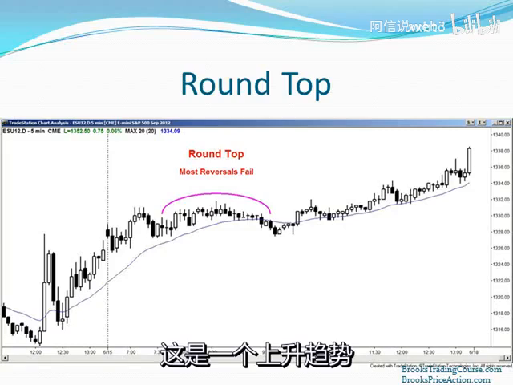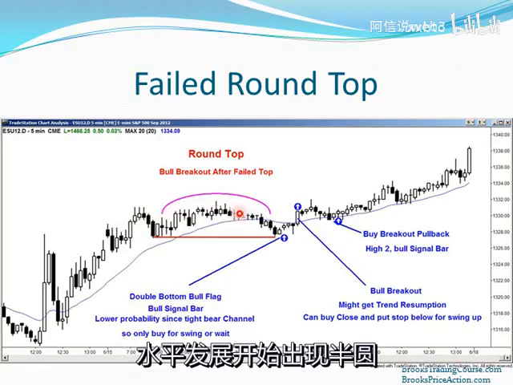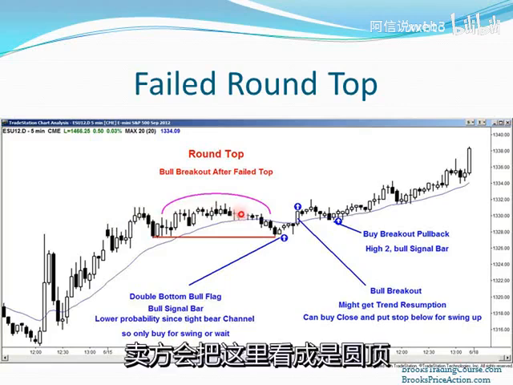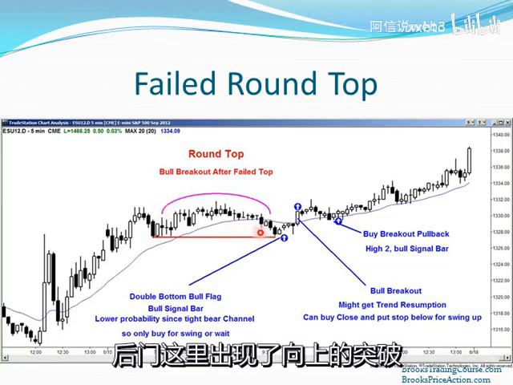So here we have a bull trend and a sideways pattern that is rounding over, and the bears would like to think of this as a rounding top. I think of this more as a tight trading range, and we ended up getting a bull breakout.